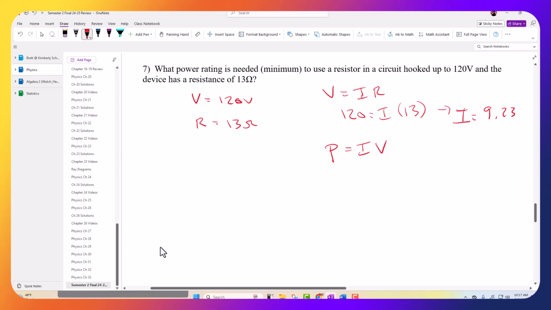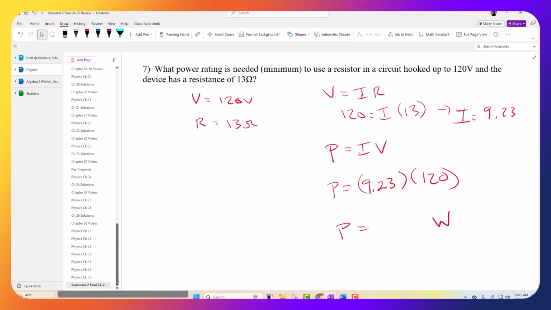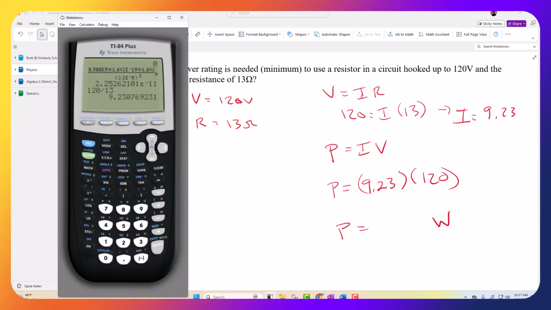And then I can use that in my power formula: 9.23 times 120, and this will be something in watts. If we take our calculator out, we times that by 120 and get 1107.